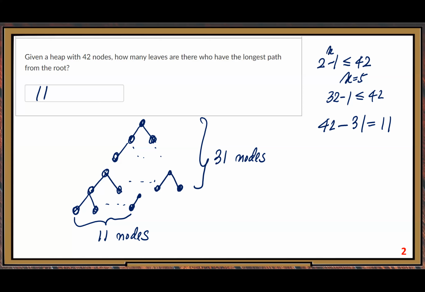You need to draw that binary tree, then look at the bottom leaf level. How many? Subtraction. That will tell you the number of leaves at the lowest level. That's the second question.